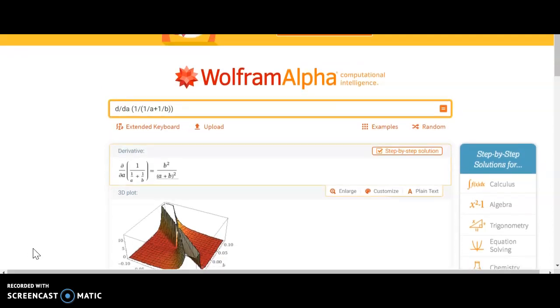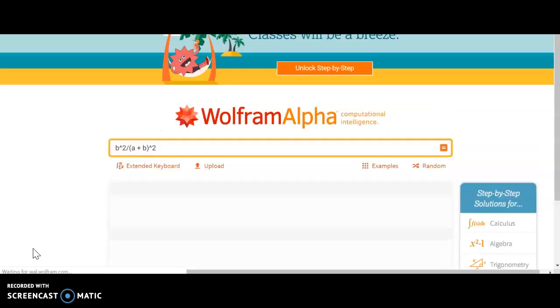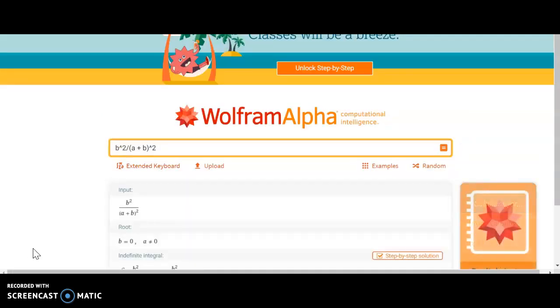If you try to use R1 and R2, it can be a little bit tricky to get Wolfram Alpha to understand exactly what you're asking. So I tend to use different symbols if I need to use subscripts. But the partial derivative comes out to B squared over (A plus B) squared, which is R2 squared over (R1 plus R2) squared.